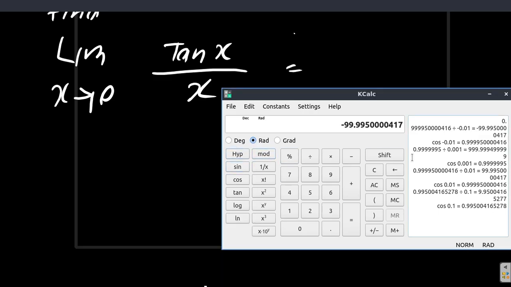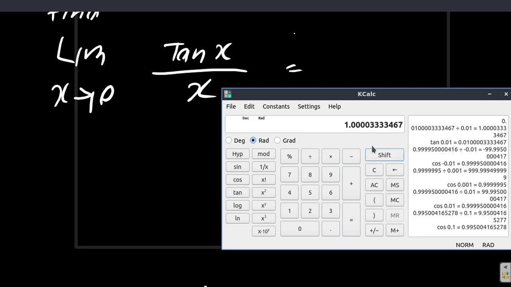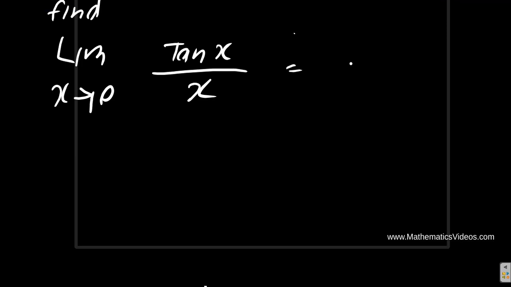So we have tan 0.01 divided by 0.01, equals 1 point... it seems as if it's 1, right? Just as the graph showed.